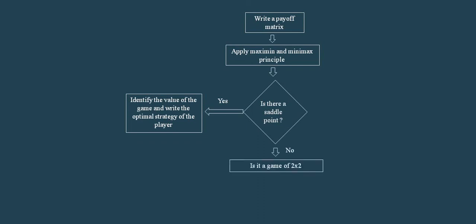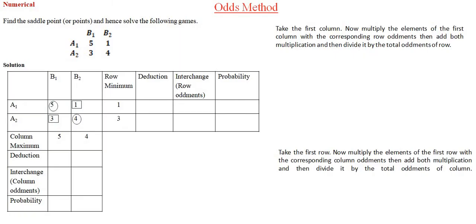But if there is no saddle point, then we have to look whether the game is a 2x2 matrix game or not. If it is a 2x2 matrix game, then we can solve the game problem by using the algebraic or odds method. Let us look into the odds method of solving a game without saddle point.